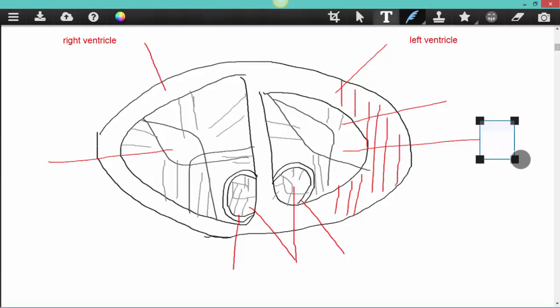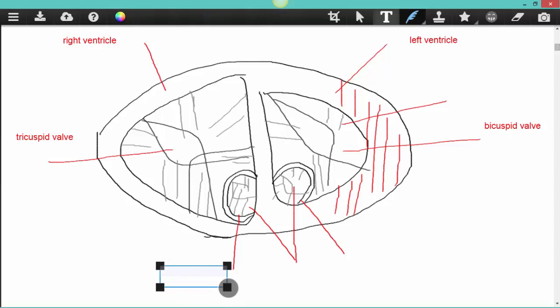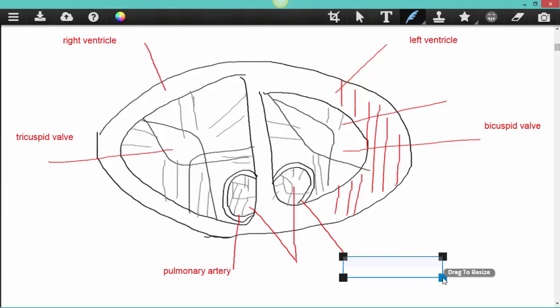This is the bicuspid valve. And this is the tricuspid valve. This would be the pulmonary artery, as the blood for the pulmonary artery gets pumped from the ventricle. It will obviously be visible here, and so will the aorta.